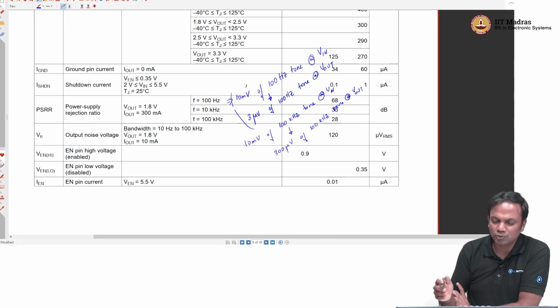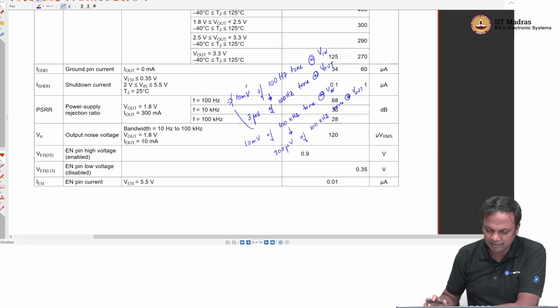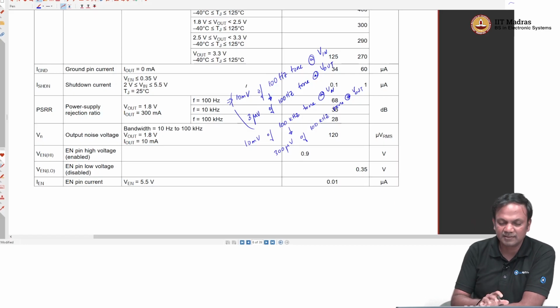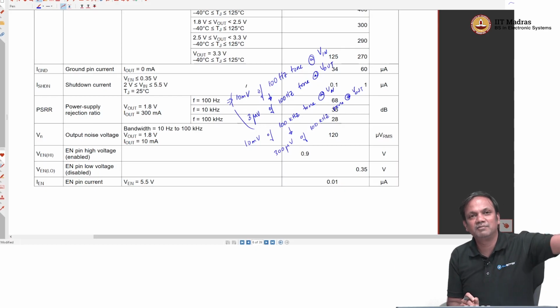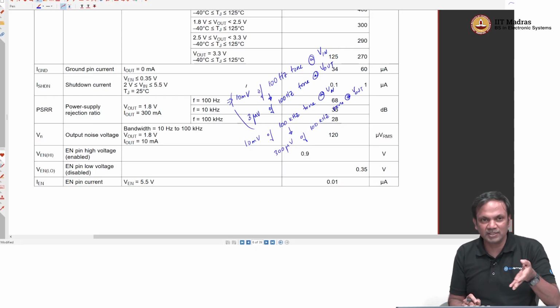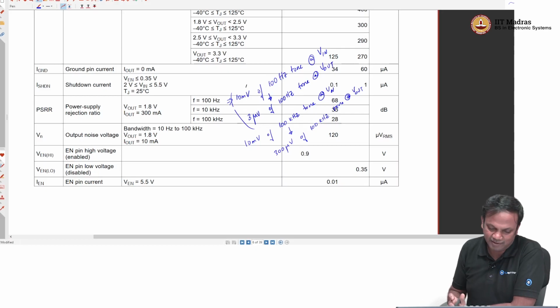So, that is something for you to keep in mind, that PSRR is important in terms of how much isolation I get between the input voltage and the output voltage as a function of frequency.